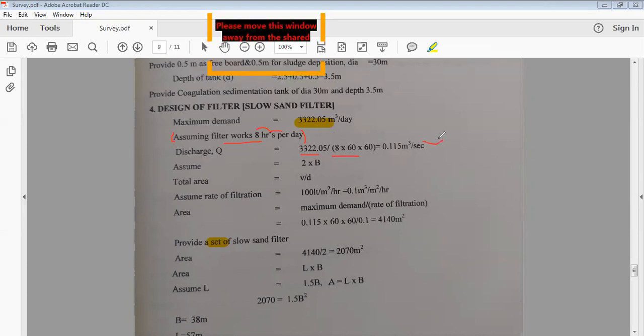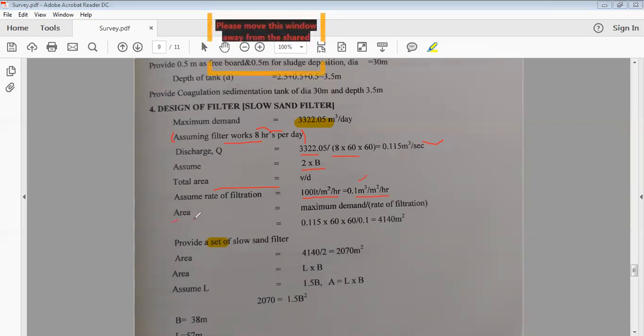Okay. So assume length is equal to 2 times of breadth. Then total area is we have to divide this V by D. Okay. And also rate of filtration, it is given 100 liters per meter square per hour, or in terms of meter cube per meter square per hour, you can divide it by 1000, you get this much.